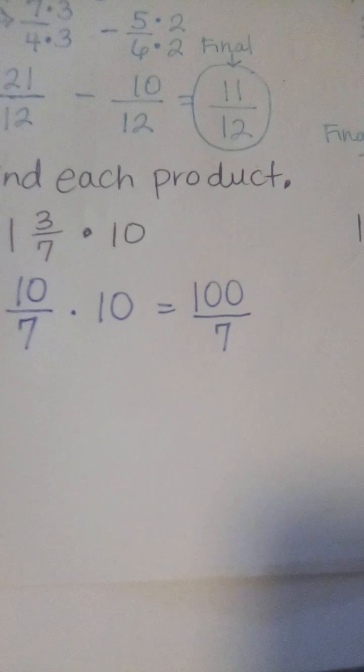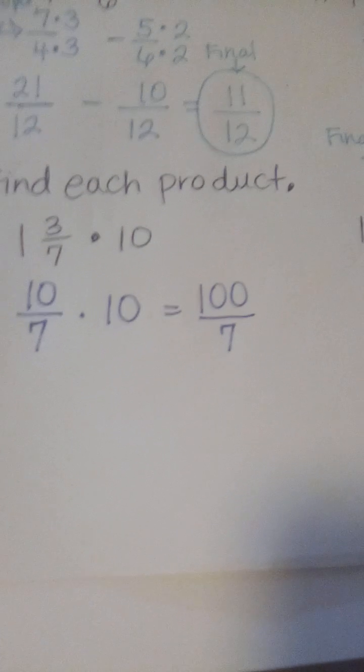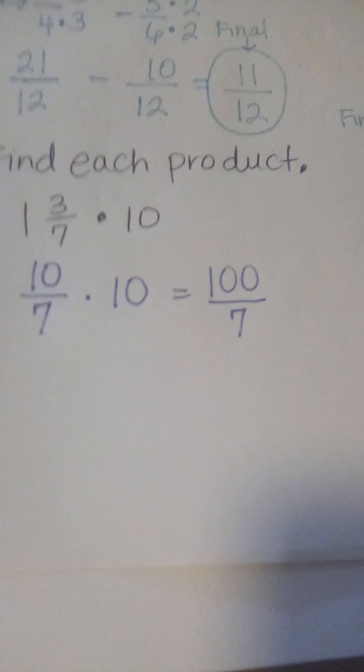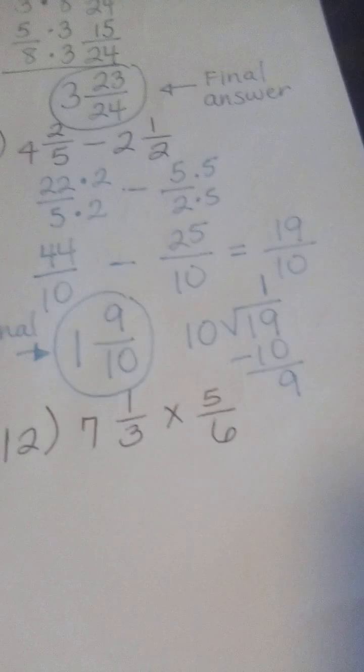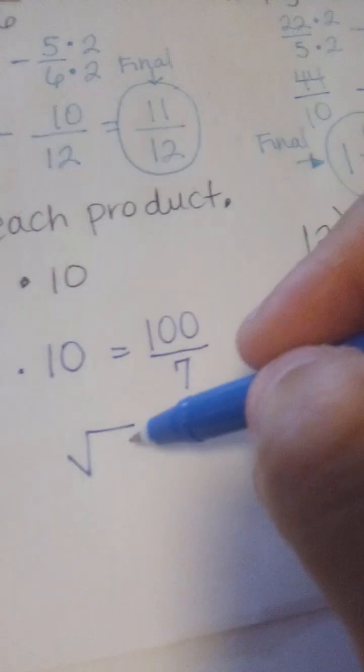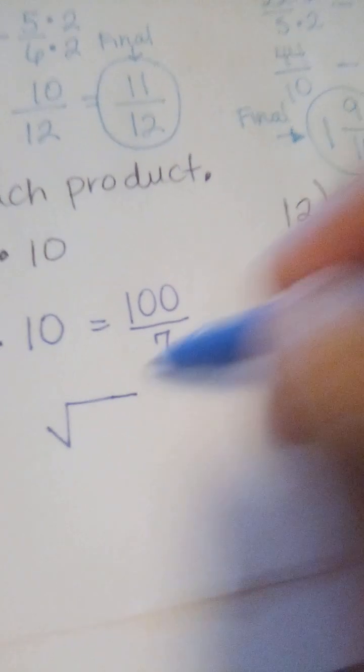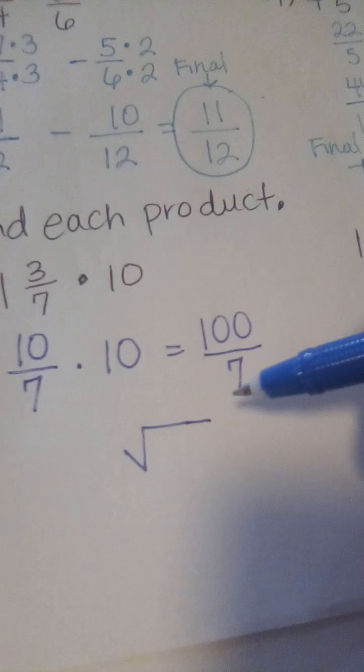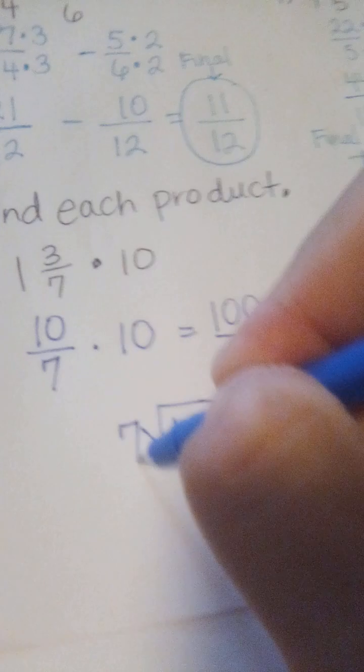Now, like the last problem, remember that? What goes inside the box? The 100 or the 7? The 100, right? As 7 goes outside the box.